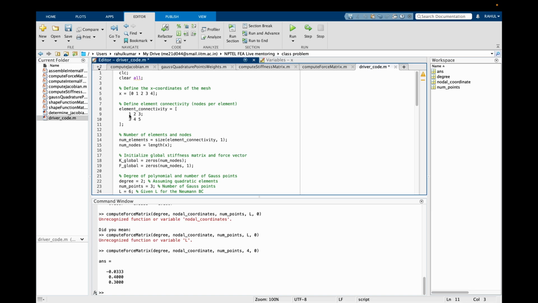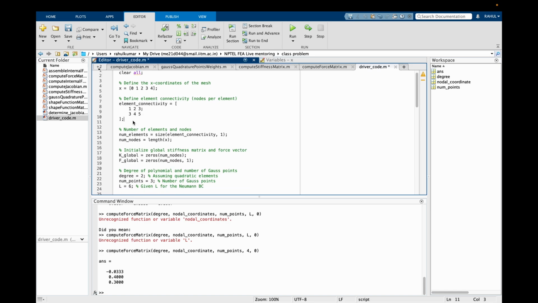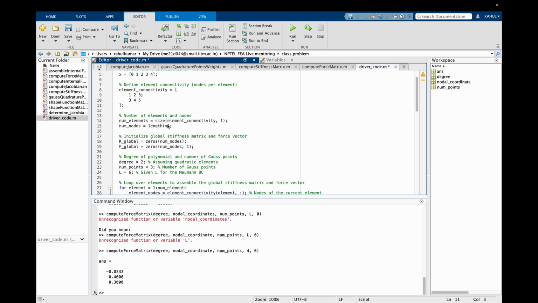Here the first row is nothing but the nodes of the first element, and the second row is the nodes of the second element. So here the number of elements is the size, which means the number of elements is 2. The number of nodes is the length, which means 3.